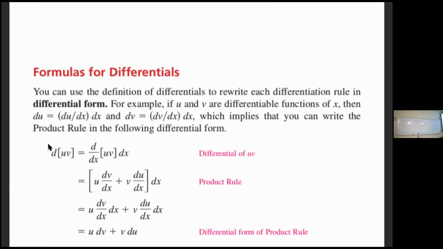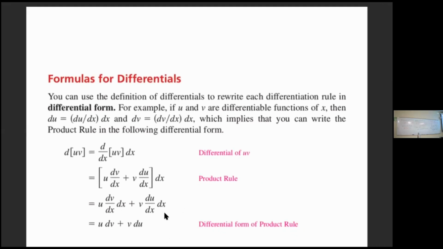So, in the event that you want the differential of two functions multiplied together, you're going to use the product rule to find that the differential is one function times the derivative of the other times the differential of x, plus the other function times the derivative of that first function times dx. Everybody cool with this?